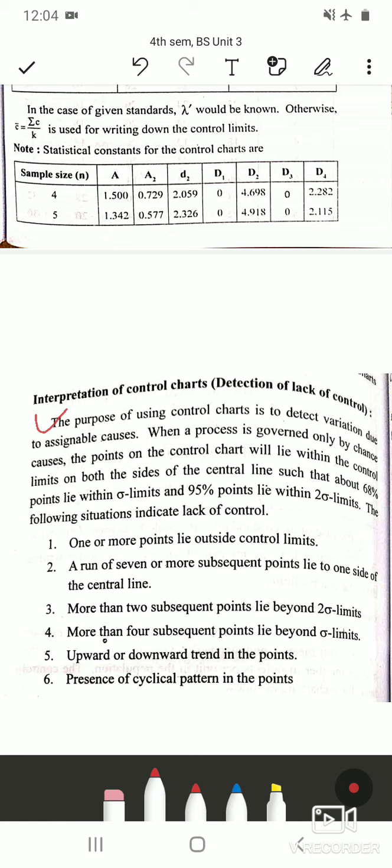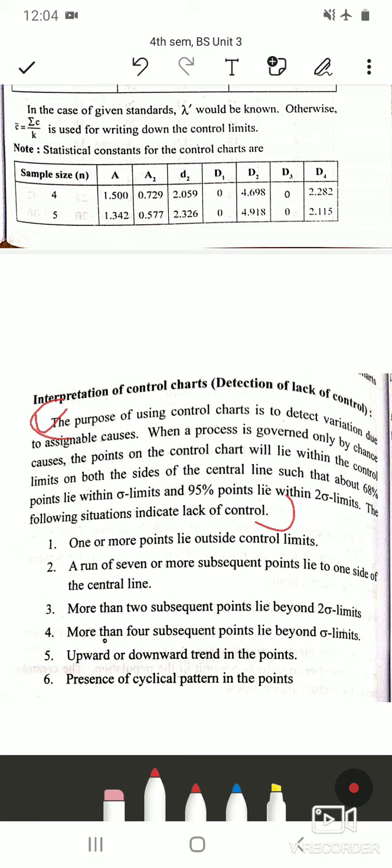The following situations indicate lack of control. Here they have explained that we use control charts to detect variation, and this variation should be because of assignable causes. When the process is governed only by chance causes, there are no assignable causes present, such as using low quality raw material or mishandling of machines, then there will be only chance causes.